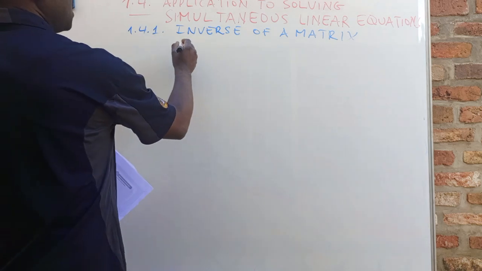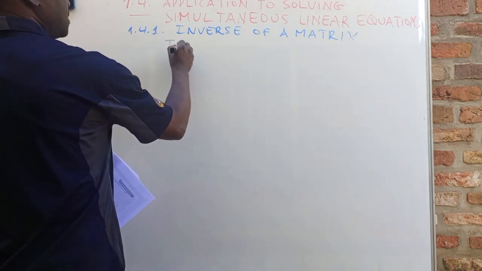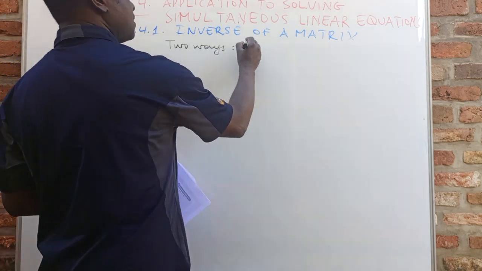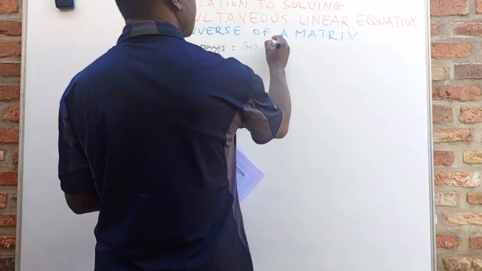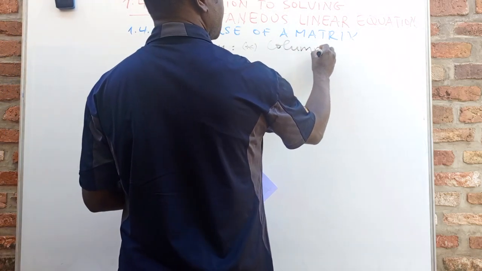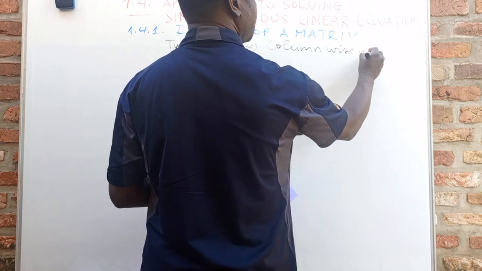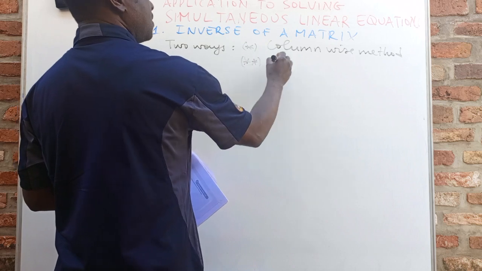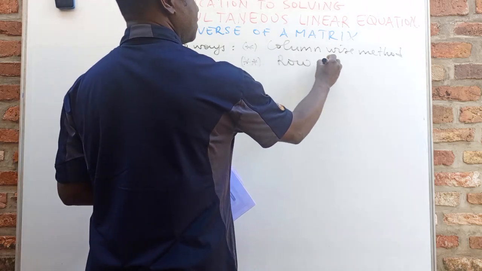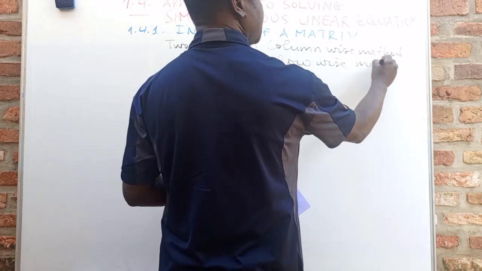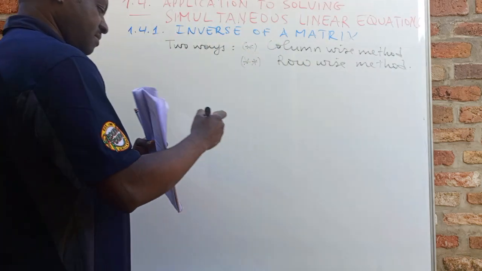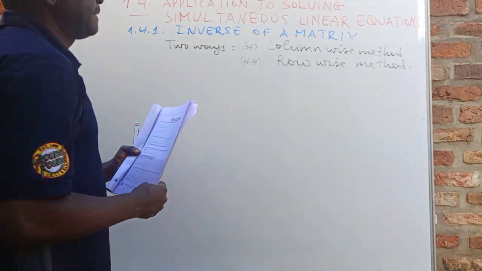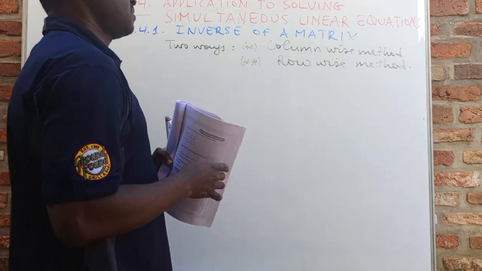First, the common one is the column-wise method. There is also the row-wise method. So these are two methods we will try to use.